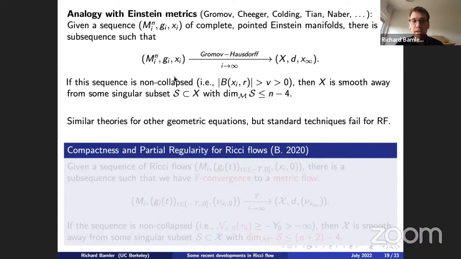Nevertheless, this was possible. And so now we have a compactness and partial regularity theory for Ricci flows that really mirrors this one for Einstein metrics.